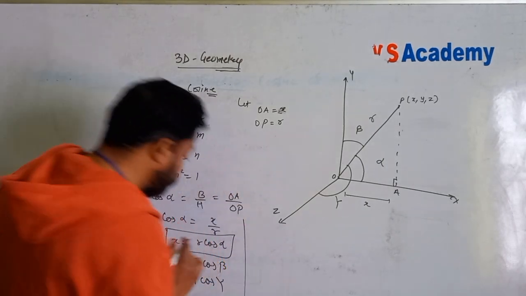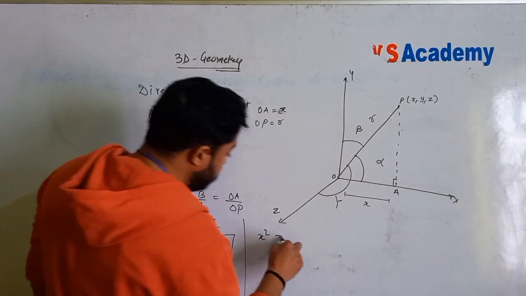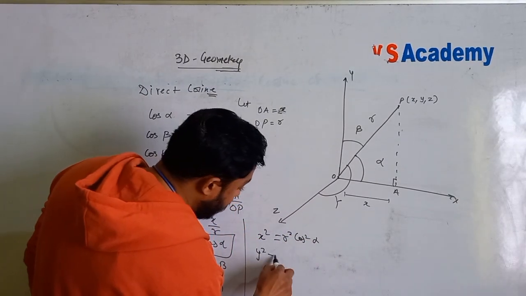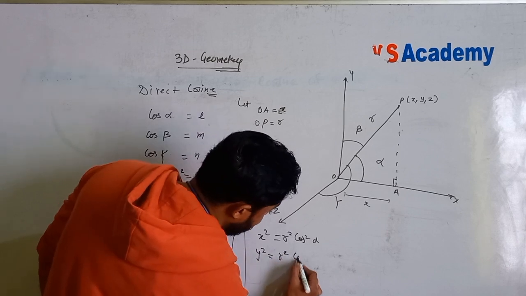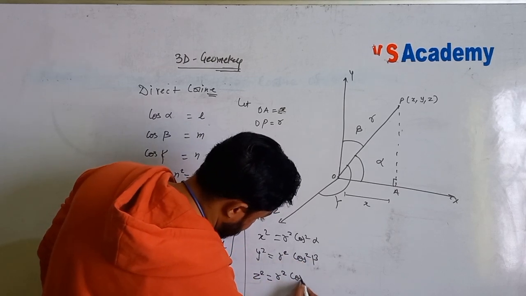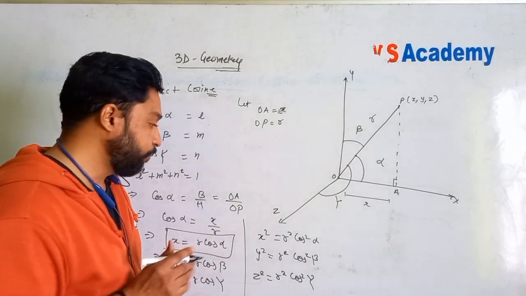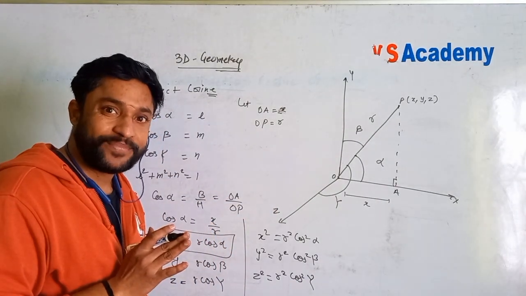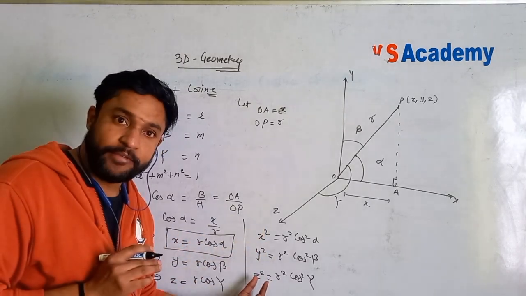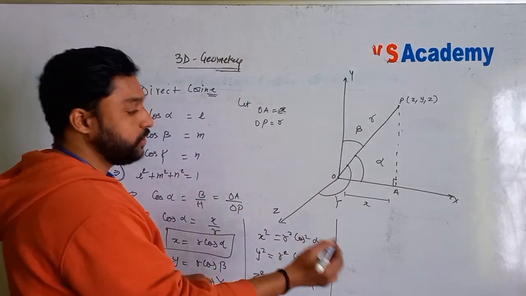Now, I can take the square of both sides. So it will be x square is equal to r square cos square alpha, y square is equal to r square cos square beta, and z square is equal to r square cos square gamma. Right? I hope you understand till here. Okay, great. Now, we have three equations, and I can add them.